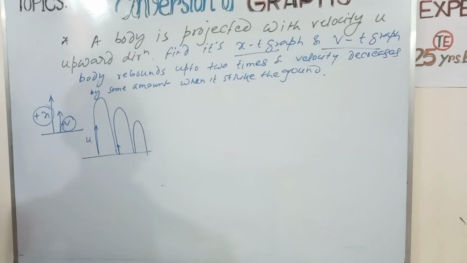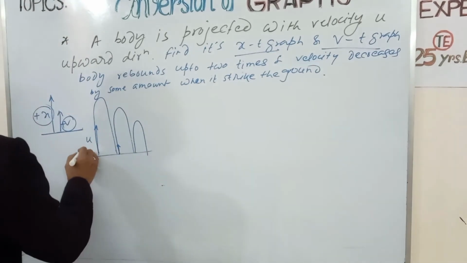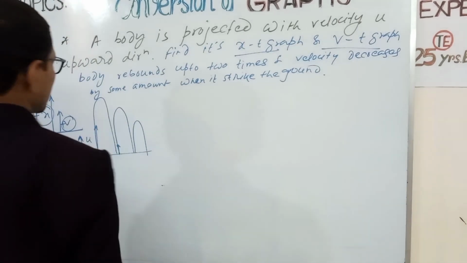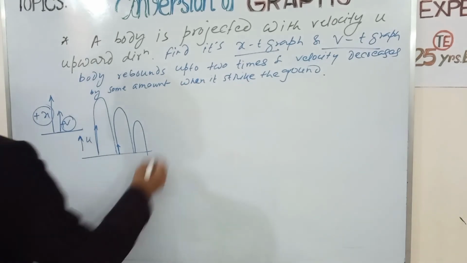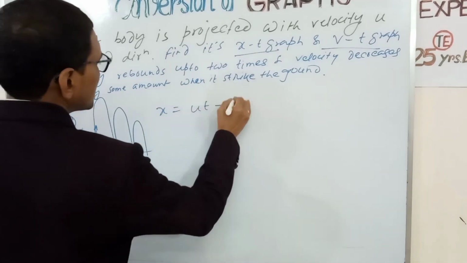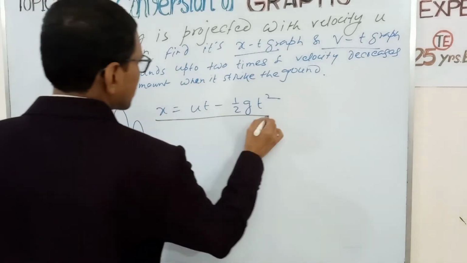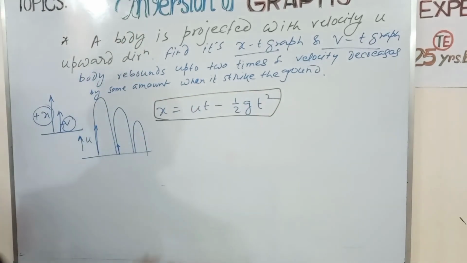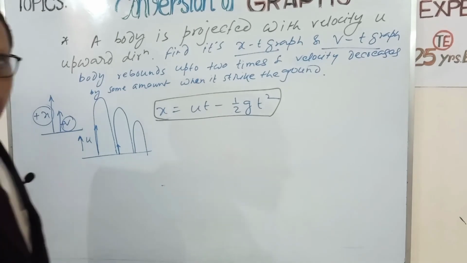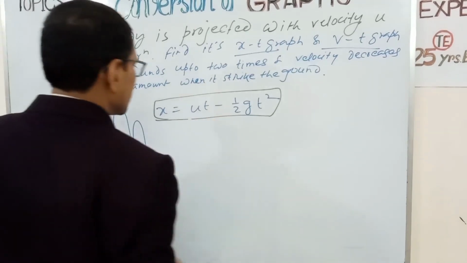So what is the equation of x when we project upward? The equation becomes x equal to ut minus half gt square. This is the equation of a parabola.